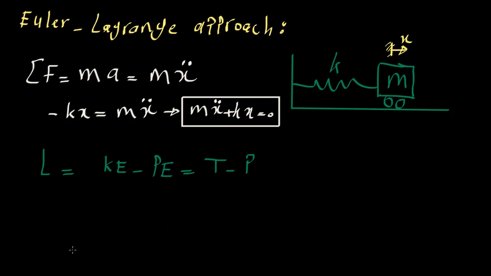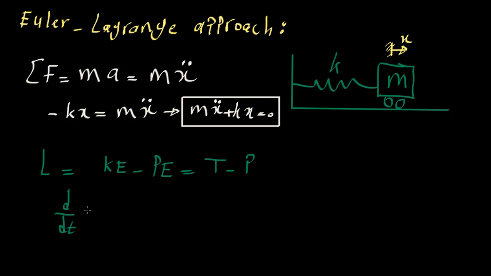This approach says we have to calculate this Lagrangian function, and once we have it, we can derive the governing equation of motion using this equation.